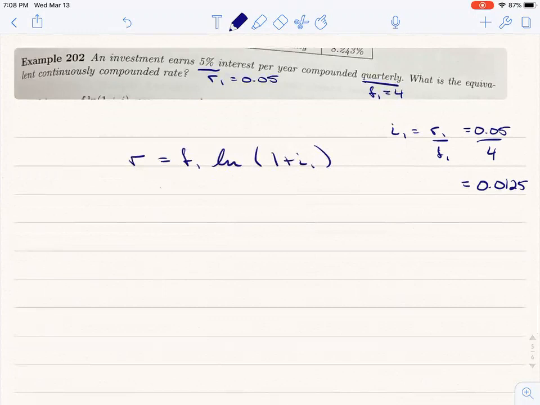So I'm moving from a frequency of 4 times the log of 1 plus I1. My periodic interest rate right now is 0.0125.